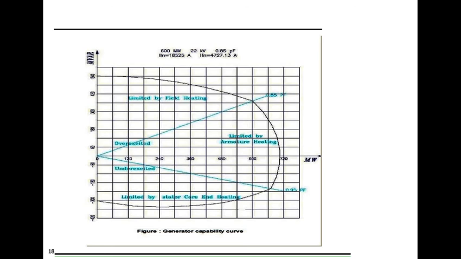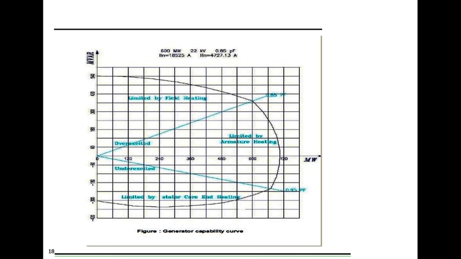In other words, the generator is generating reactive power. So Q is plus, and the excitation system is overexcited. So this region is called the overexcited region. And as it is sending reactive power to the grid, this is the lagging power factor zone of the generator.